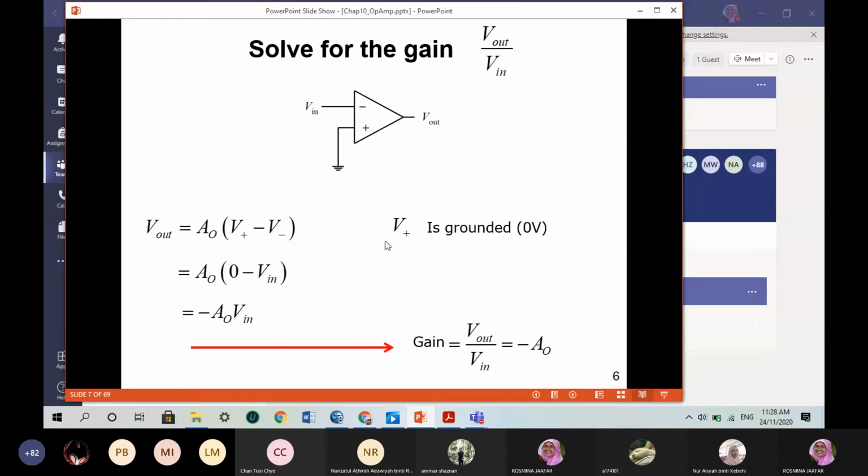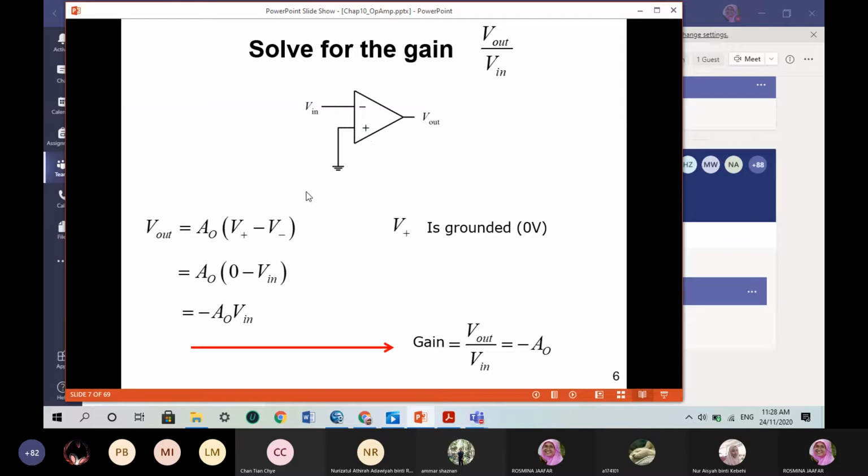Okay, now you change the input. You apply the input at the inverting input terminal, which is V minus, and you ground the non-inverting input terminal. So you have V plus is 0. Your V out is now equal to A0 times the difference, V plus minus V minus.